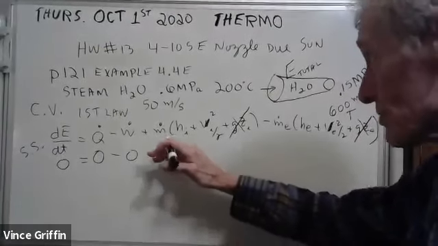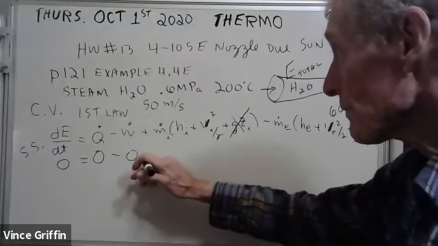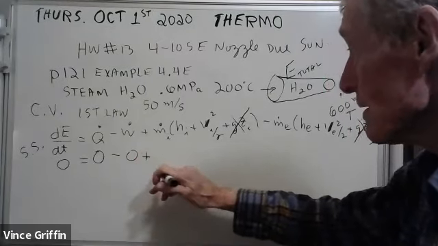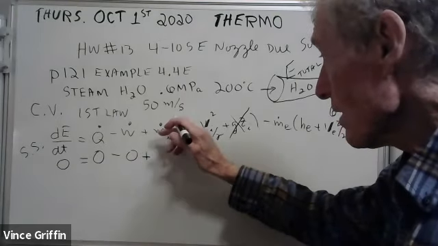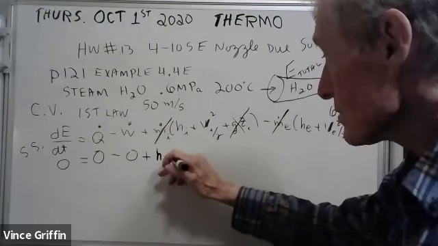When you get all through, since these are the same, you don't need an I and an E. You can do some algebra, and you can lop those off since they're the same. And what you'll have is this here.